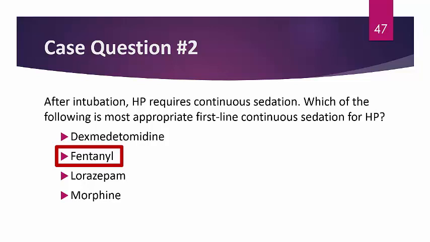Lorazepam is not correct because, with the exception of things like alcohol withdrawal, illicit drug use, or status epilepticus, lorazepam should not be used first line because of its deleterious adverse effects. And then morphine is probably not the best option of these 4, particularly compared to fentanyl, because morphine may cause adverse effects as a result of its histamine release, such as hypotension.